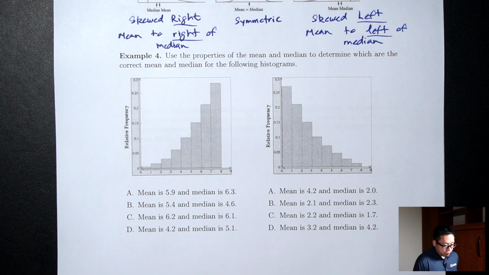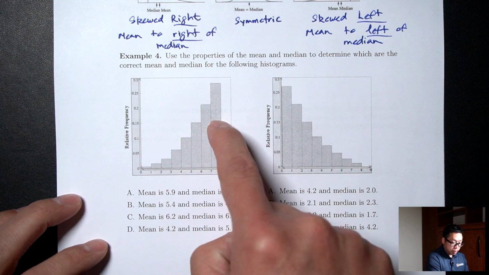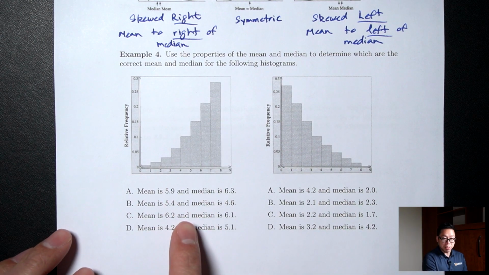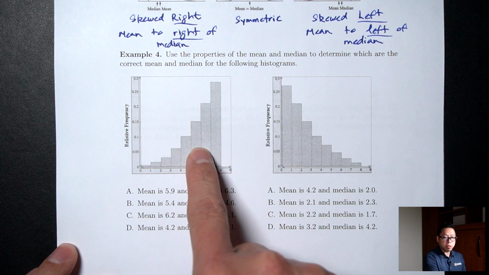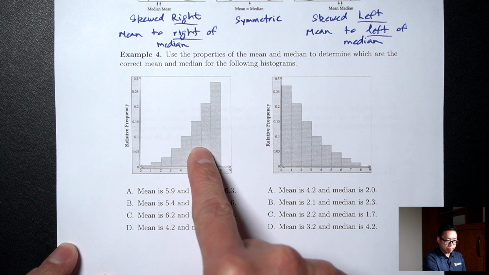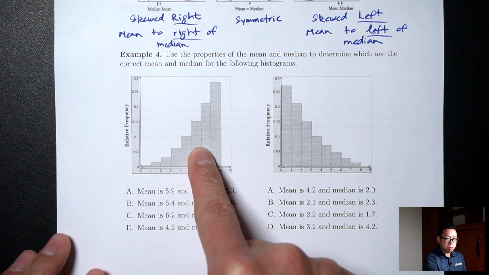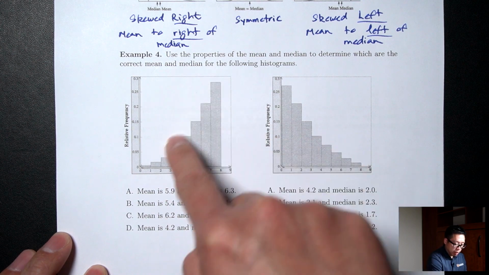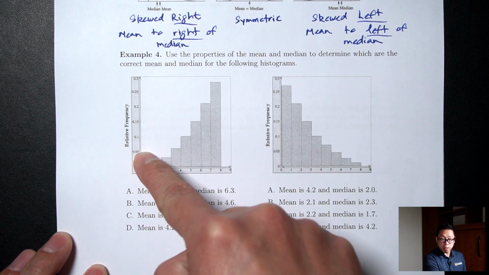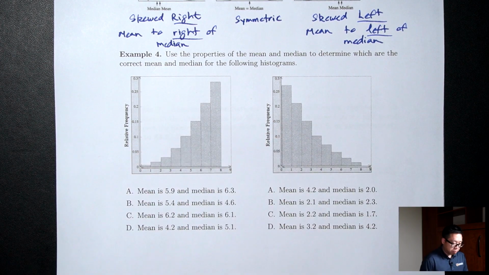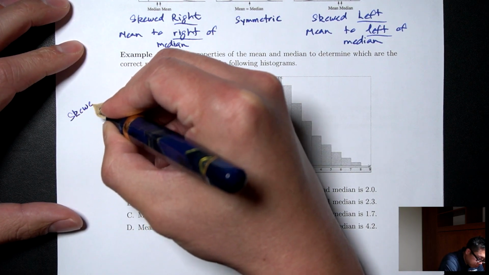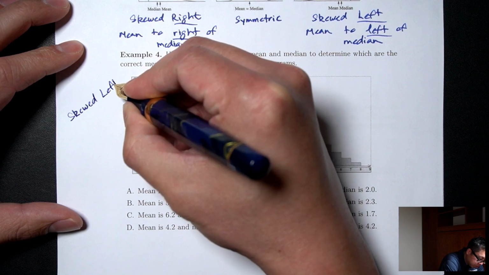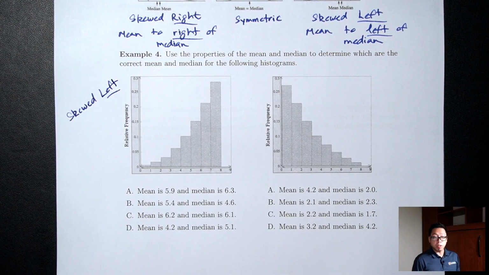Back to example 4. Here we have a histogram, and we're asked to pick out the mean and the median from these choices. So here's the strategy. First, is this picture skewed left or skewed right? Skewness refers to the location of the tail. Here's the tail. It's on the left side. This is skewed left. And what do we know about skewed left?